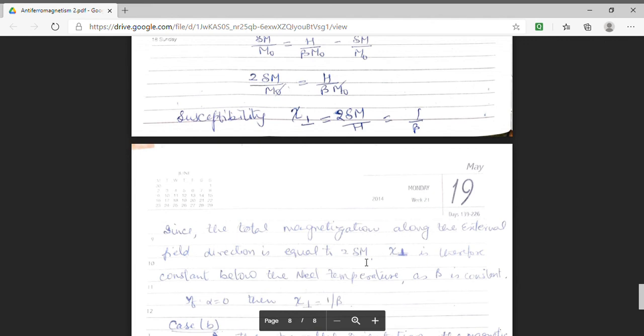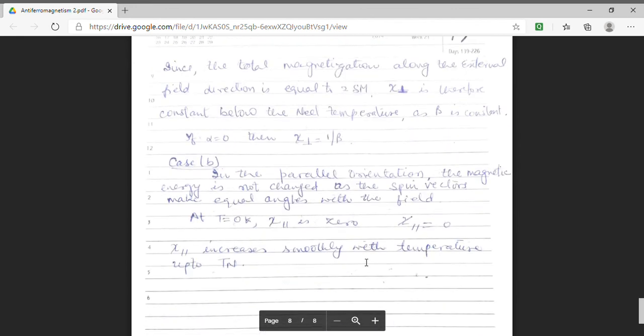Now I am considering the case in which I am applying the field along the direction of spin. When we apply a magnetic field along the direction of spin, in this case there is no change in magnetic energy because there is no variation in spin alignments.